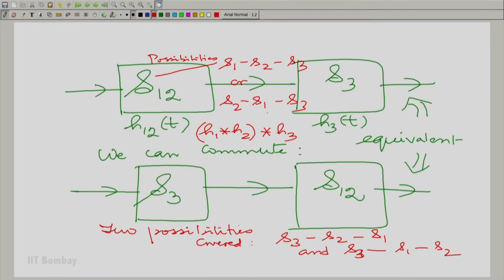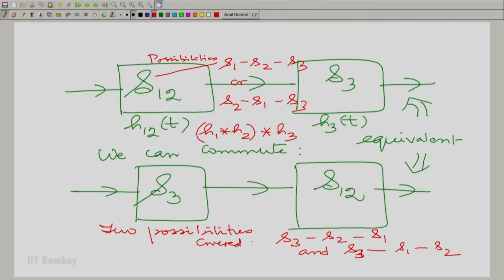Now, there are two more permutations that we need to worry about, where essentially S3 comes in the middle. Now, how can we get S3 coming into the middle? Here we now have to invoke associativity on the convolution of the impulse responses.